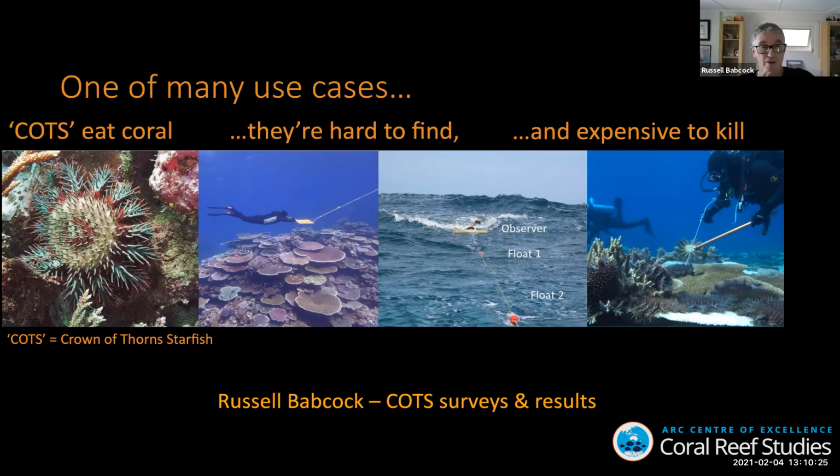I think it's coming together really well, and that's important because we need to be as efficient as we can with trying to control the crown-of-thorns starfish. It's a huge job because the GBR is huge, but also it's difficult in its own right. They're tricky animals to spot and find and kill.